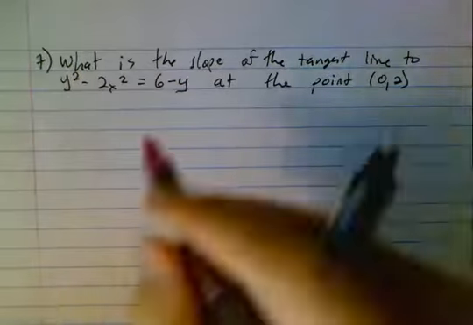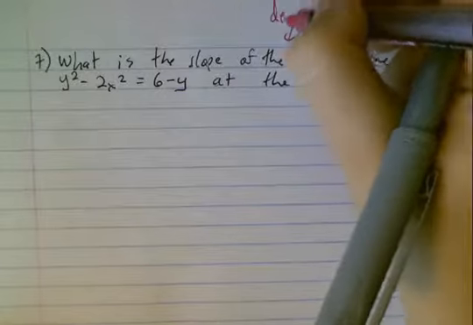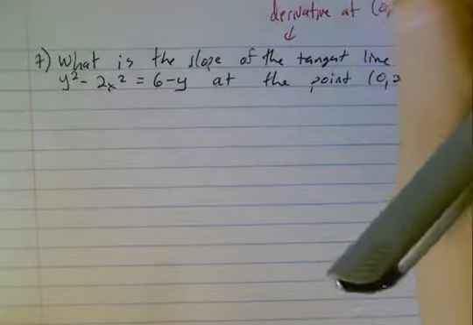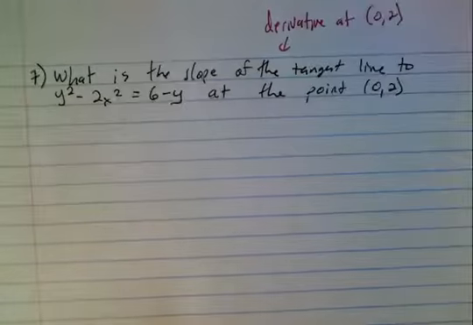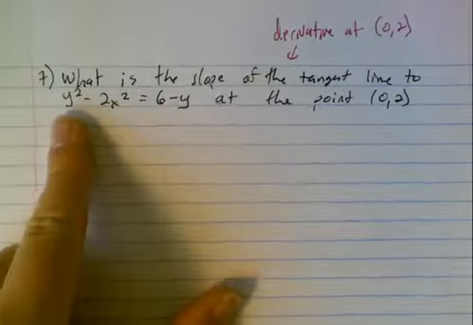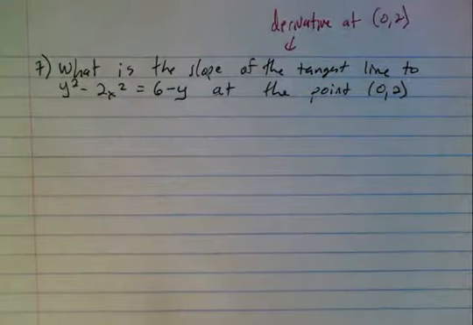Again, slope of the tangent line is just saying derivative at 0, 2. Now notice that we can't get y by itself, so we got this y squared here. This is going to be using implicit differentiation. So if you don't know how to do implicit differentiation, go back and look at the lecture that's titled Implicit Differentiation. Go back and review that first.